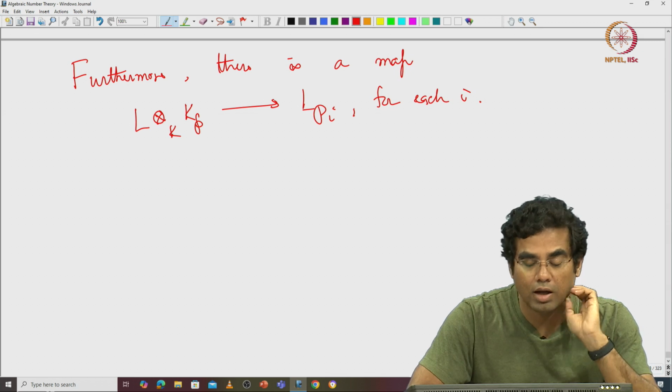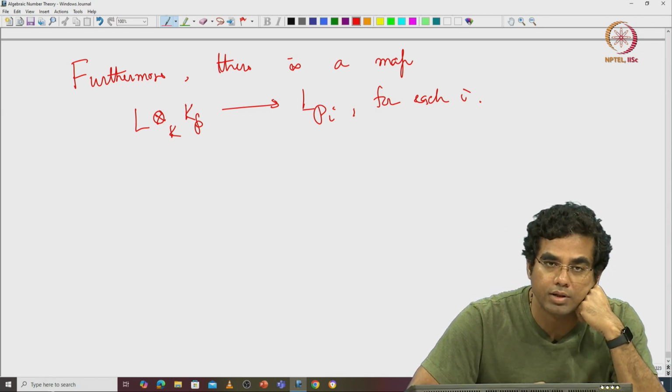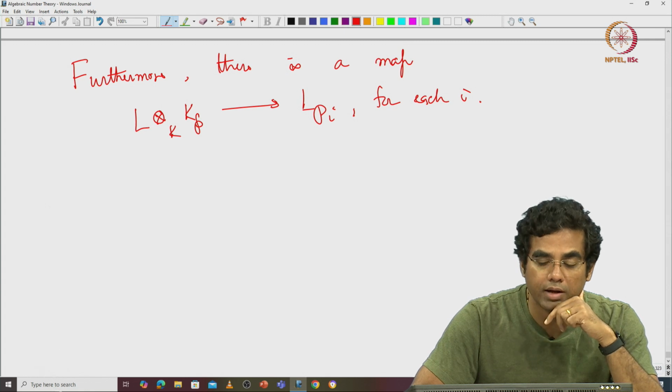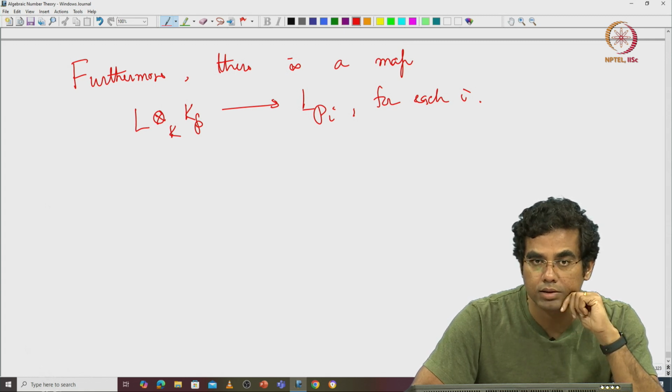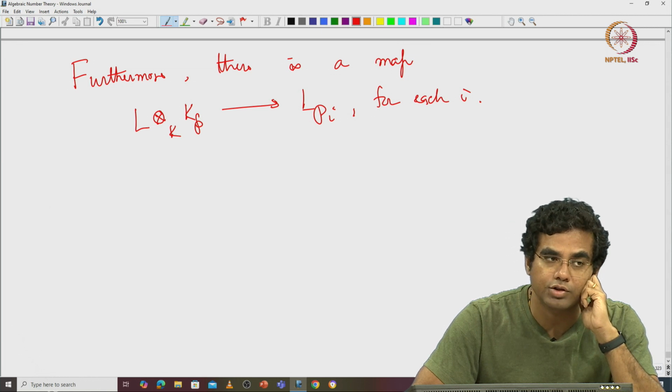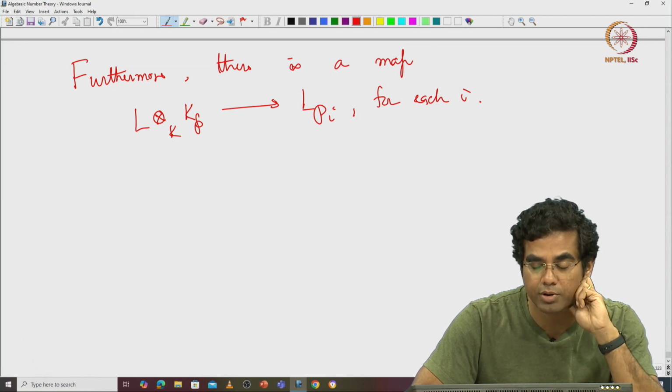How do you get a map from a tensor product? Well, you get a map from a bilinear pairing from L cross K_P, and then the universal property of the tensor product shows you that there is a map from the tensor product.